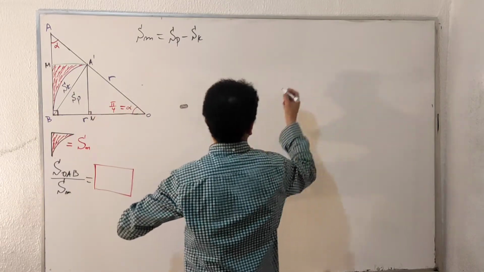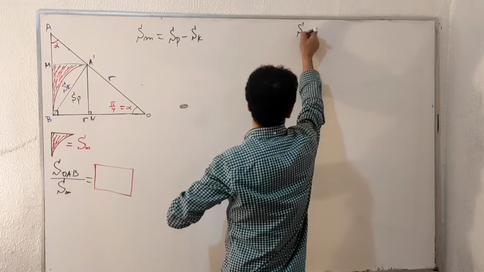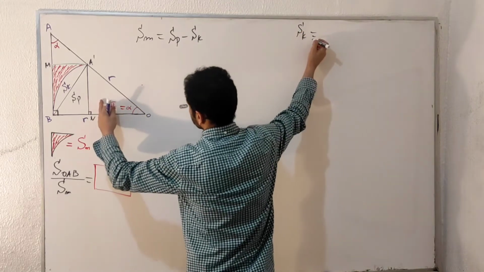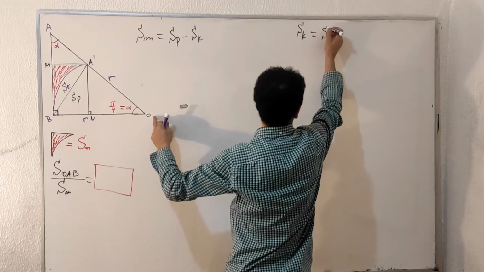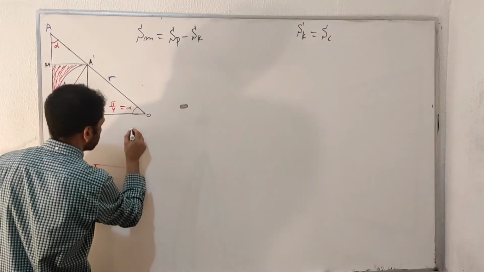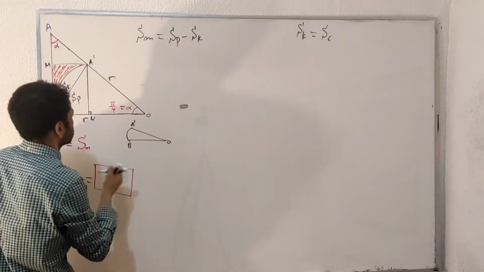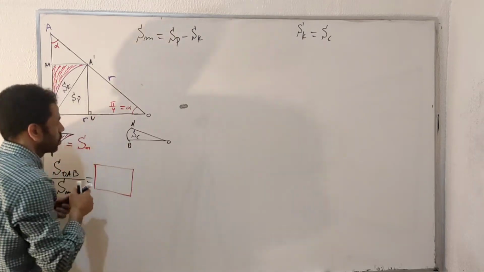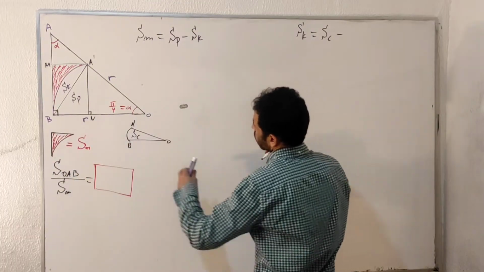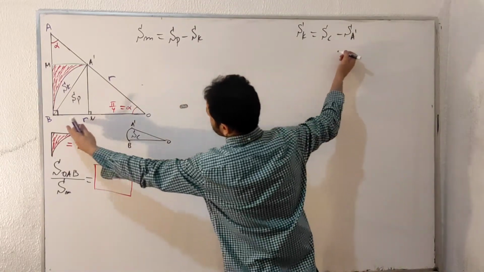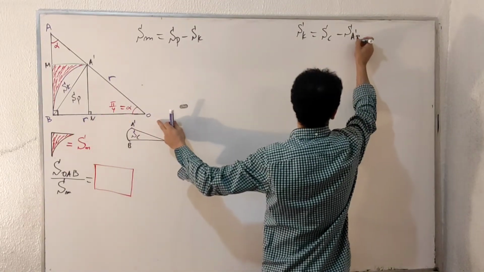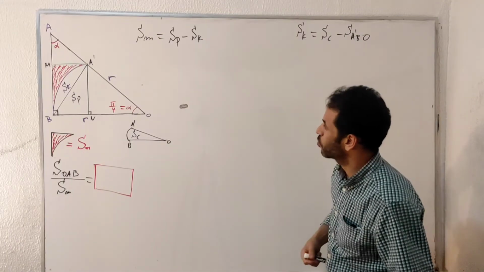SK equals the area of this sector, let's call it SC, minus the area of this triangle, SE prime BO. I'm going to calculate each of these separately.